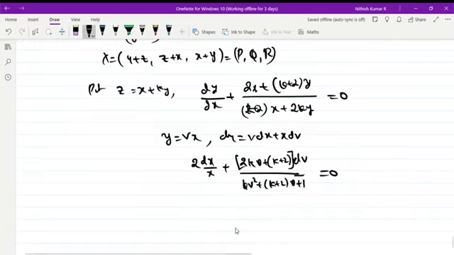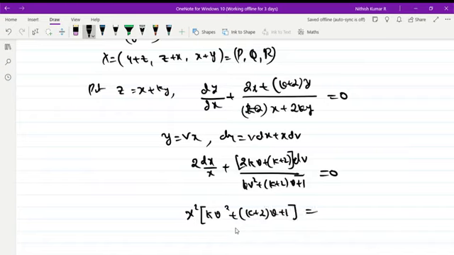So on integrating and rearranging, we get x^2 (kv^2 + (k + 2)v + 1) = some constant.